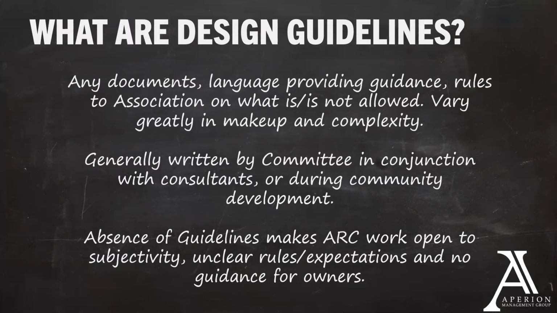So that's where design guidelines come in. And design guidelines is essentially any documents or language in your community's declaration that provides guidance or rules to the association on what is or is not allowed as far as architecture. These sections in your governing documents can vary greatly in their makeup, in their complexity, and in their detail.